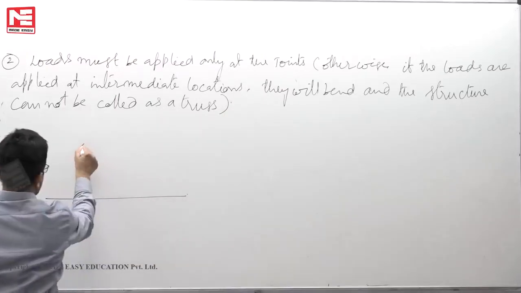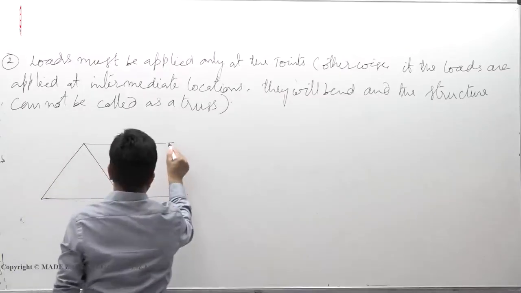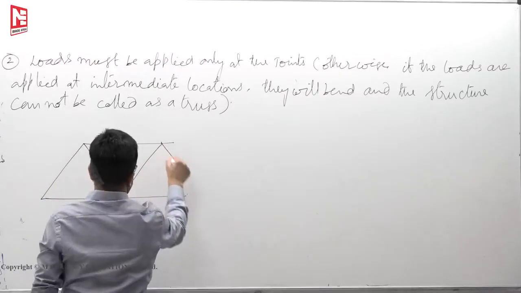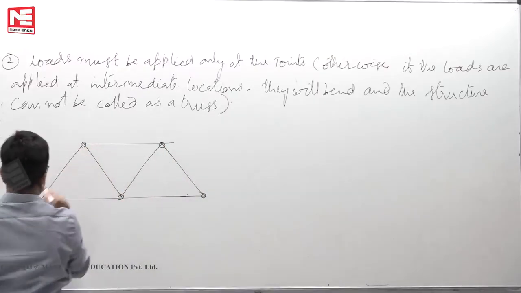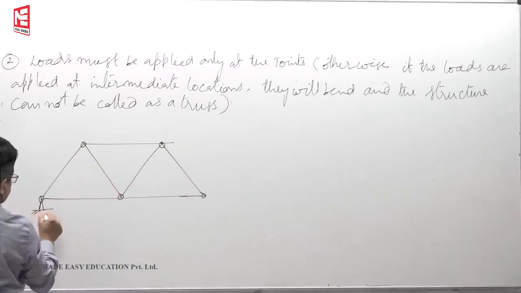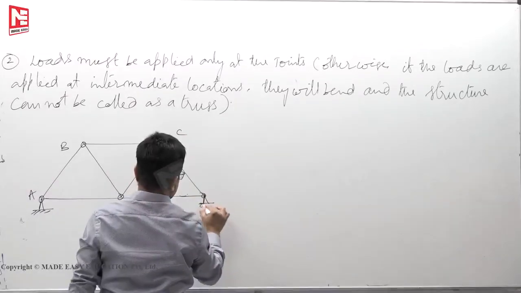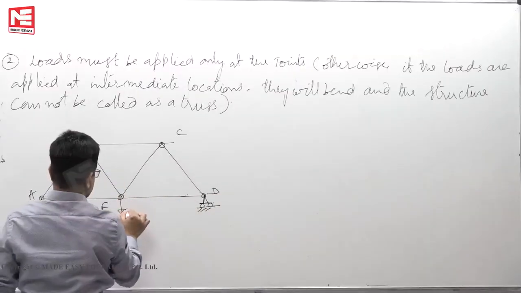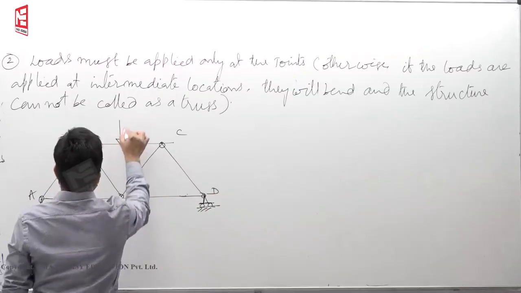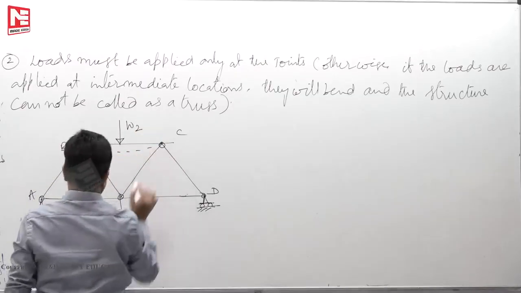Again, meaning is this one. You must apply loads only at the joints. Now, if at all you apply load here, say, then it will bend.